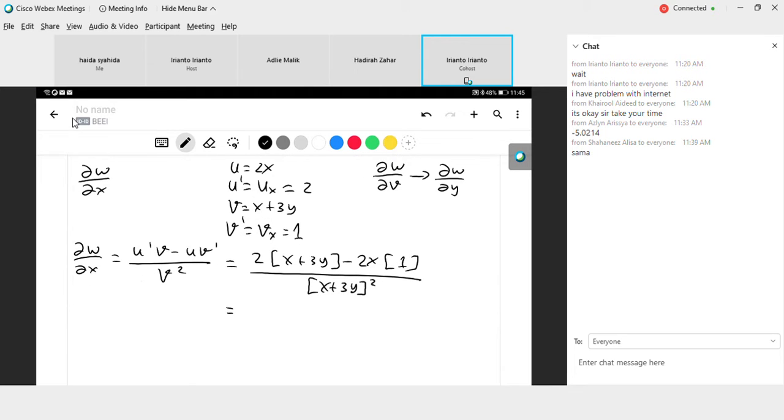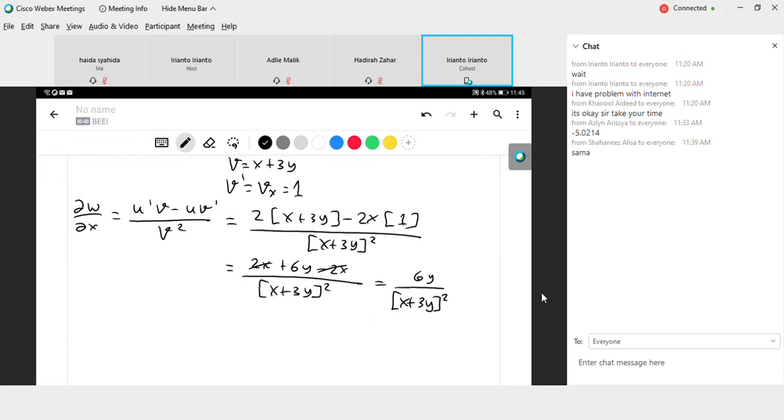So 2x plus 6y minus 2x divided by (x plus 3y) squared. Cancel 2x with 2x, and I get just 6y divided by (x plus 3y) squared. The question is not only this, but when (x, y) is (1, 2).